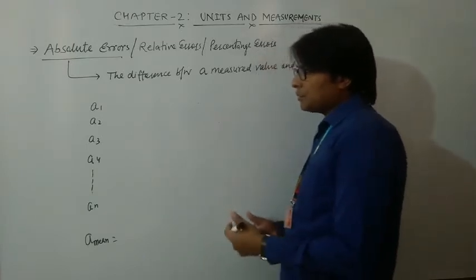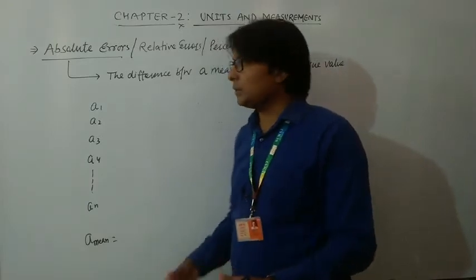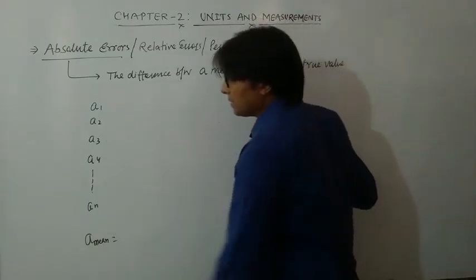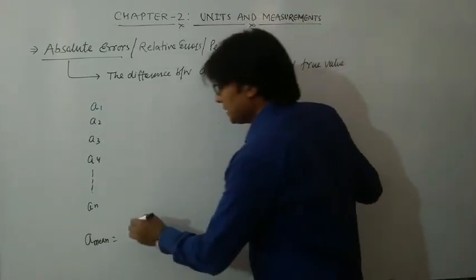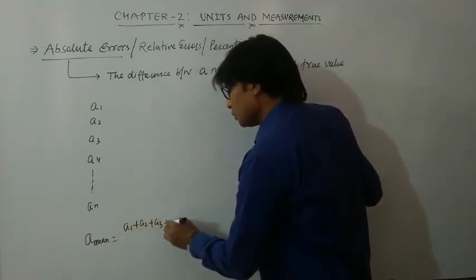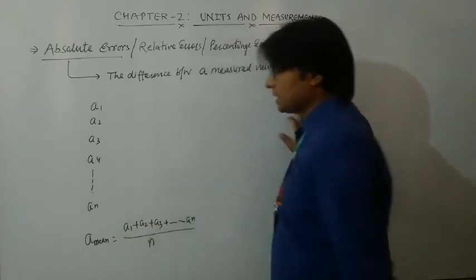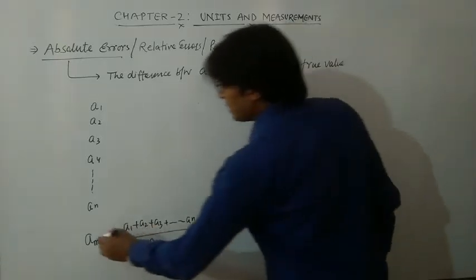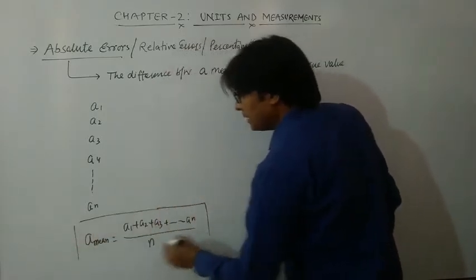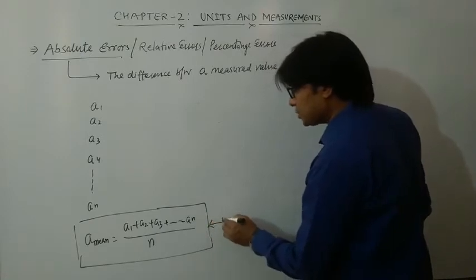Then we have to consider this mean value as the true value. So what will be the mean of these n observations? It is A1 plus A2 plus A3 and so on up to An, divided by the number of observations, that is n. This is how we calculate the mean value, and now we will treat this mean value as the true value.